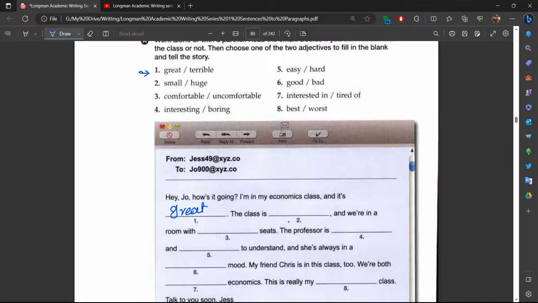The class is small and we are in a room with... or let's say the class is huge and we are in a room with comfortable seats.